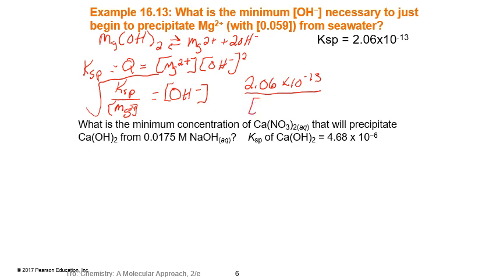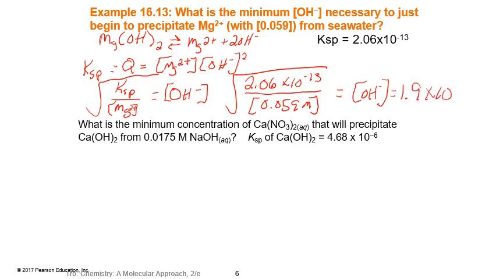Our magnesium concentration is 0.059 molar. I'll take the square root of that. And so our hydroxide concentration, anything over 1.9 times 10 to the negative 6 will form a precipitate.